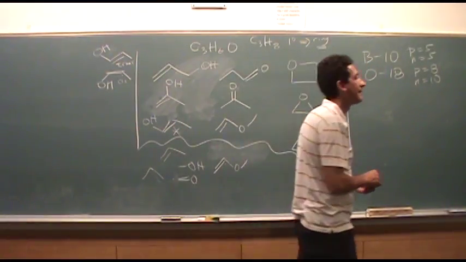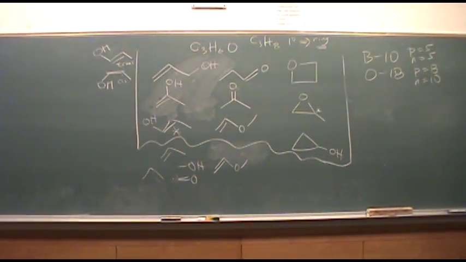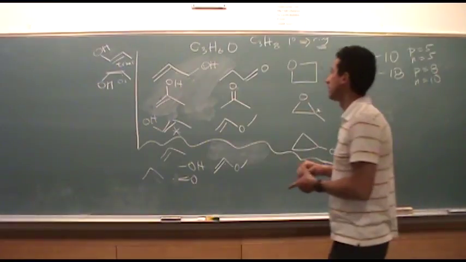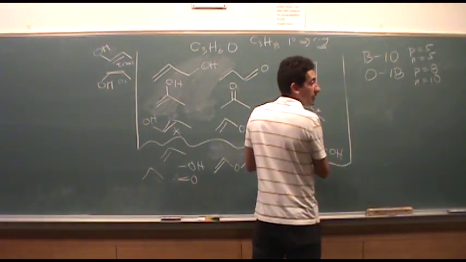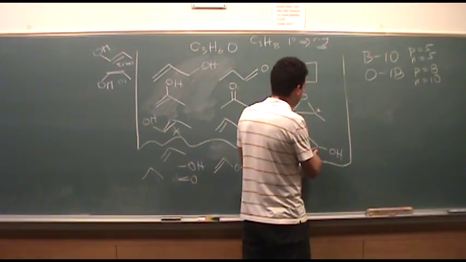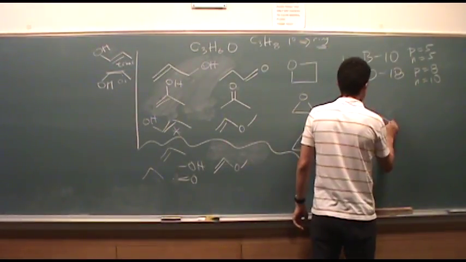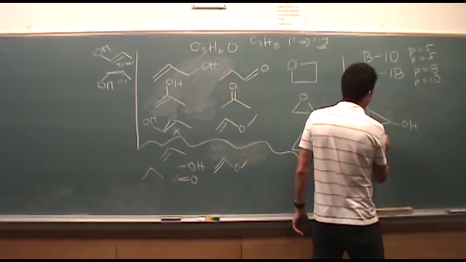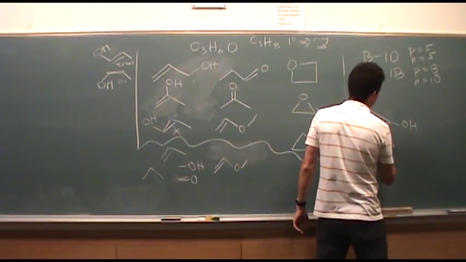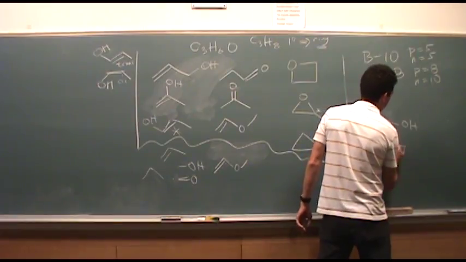For drawing the isomers again, could you draw a geometric isomer for the cyclo? This one wouldn't have a geometric isomer because there's no cis and trans. You'd only have a geometric isomer if you had two little branches off of this. Then you could draw, let's draw the cis, would be this.